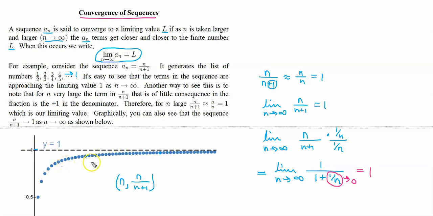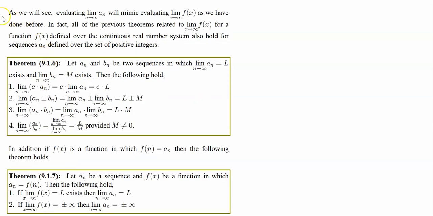Now let's take a look at some theorems involving limits of sequences, and you'll see that these theorems mimic theorems that you've already seen when dealing with limits previously. Now, as I just mentioned, when you're dealing with limits as n goes to infinity of sequences, these will mimic the limit as x goes to infinity of functions f of x, and you've seen limits like these before.